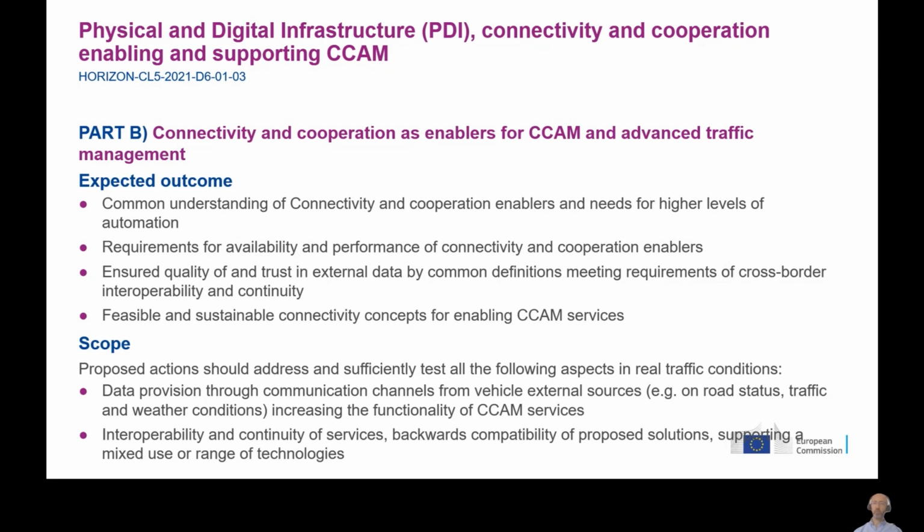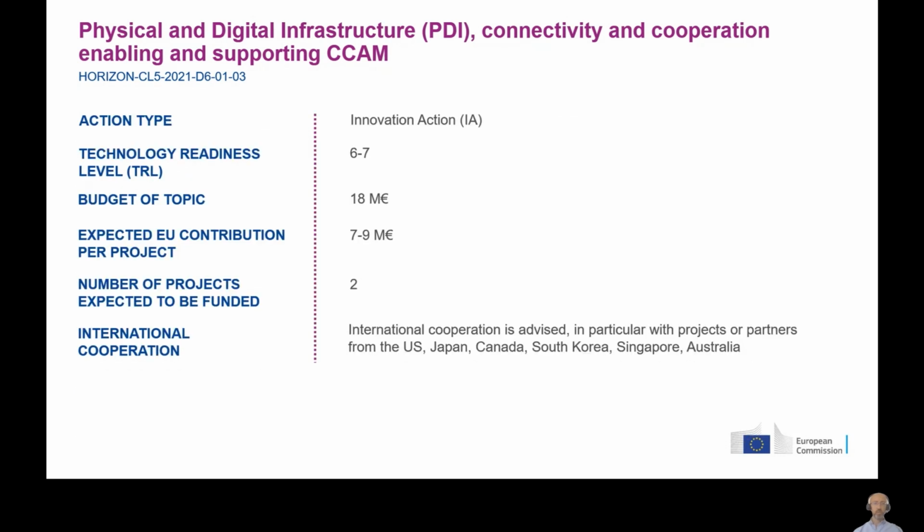It needs to work everywhere for everybody all the time. So that means backwards compatibility with everything that has been deployed already, but at the same time, looking forward, developing the next generation of services, and also taking into account a wide range of current and future technologies. This is an innovation action.